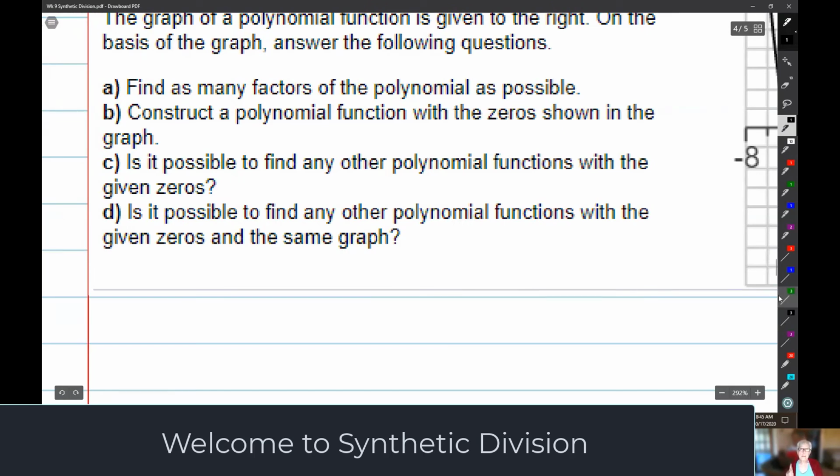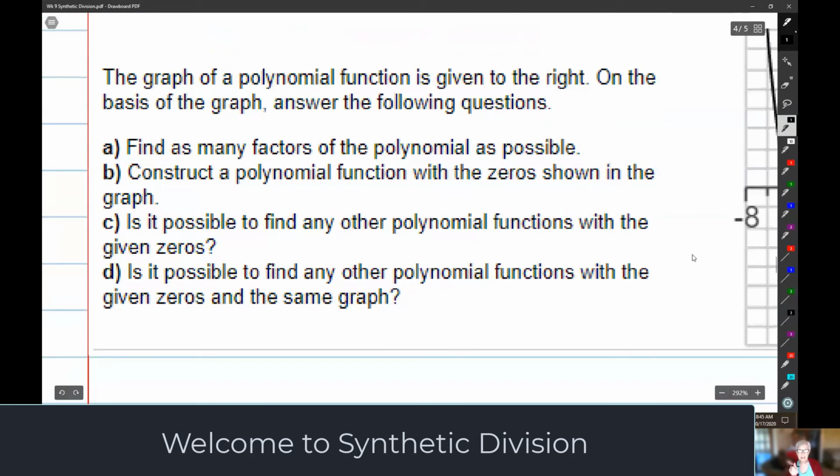The graph of a polynomial function is given over there to the right. On the basis of the graph, answer these questions. A, find as many factors of the polynomial as possible. B, construct a polynomial function with the zeros shown in the graph.